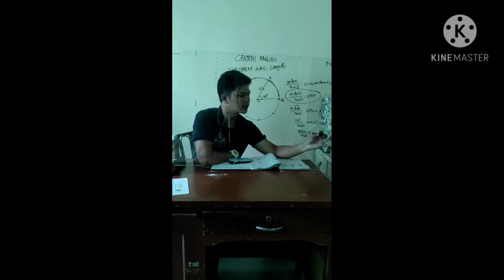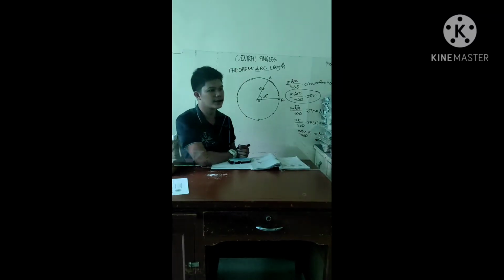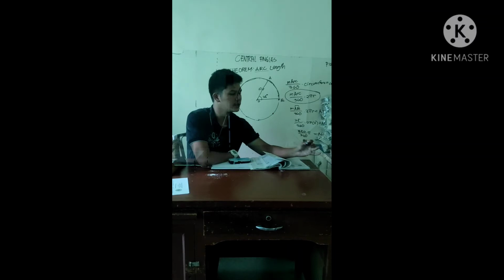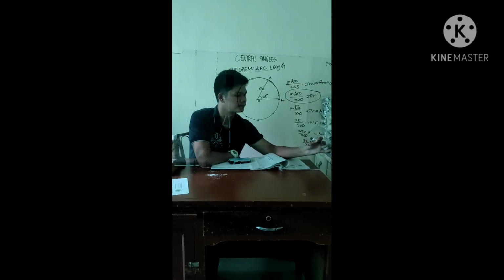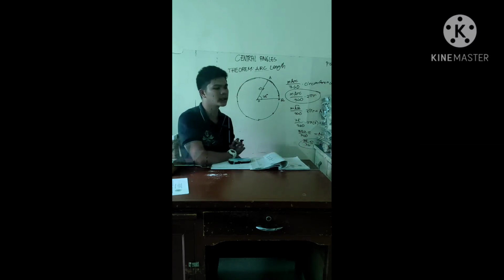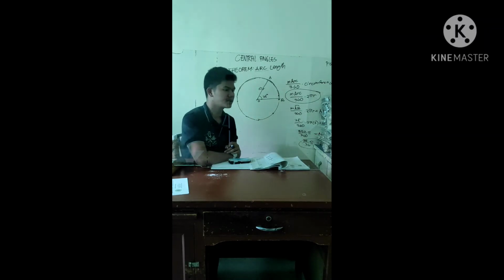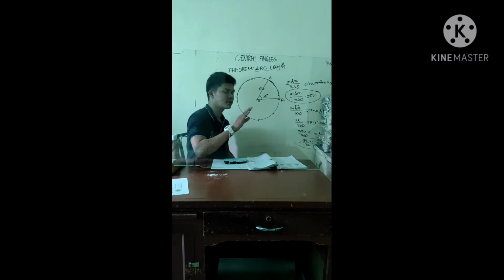That is our arc length. So, 350 divided by 360, we have 35 over 36 pi. Okay? So, this is now your arc length. No? Yung arc length ni arc AB is 35 over 36 pi units.